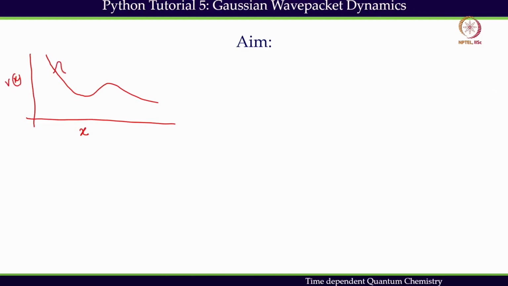When I'm drawing the wave packet this way through this envelope function, I'm not showing the entire wave packet. The actual wave packet looks like this. There is an oscillatory part in addition to this envelope function. But to reduce the complexity, we simply use the envelope function to show the wave packet.